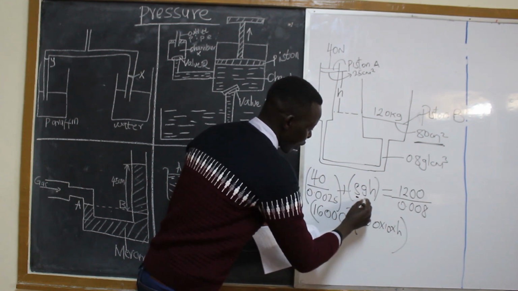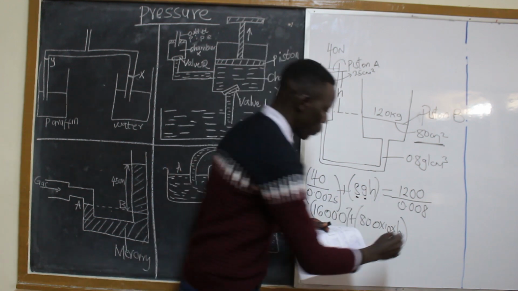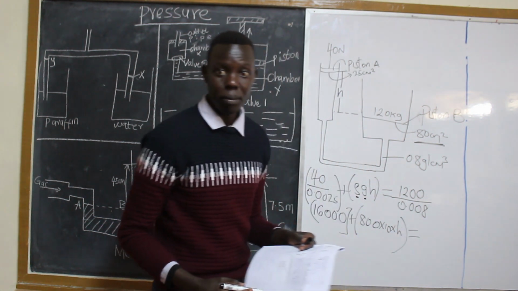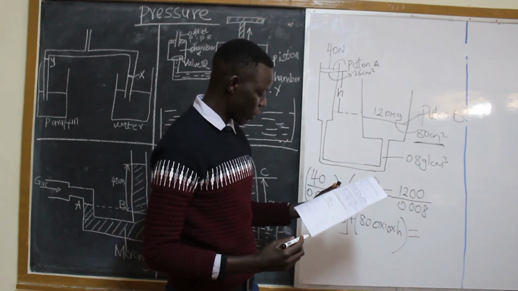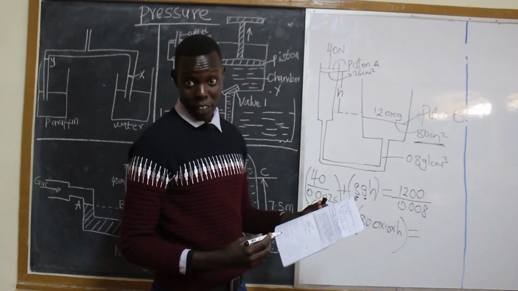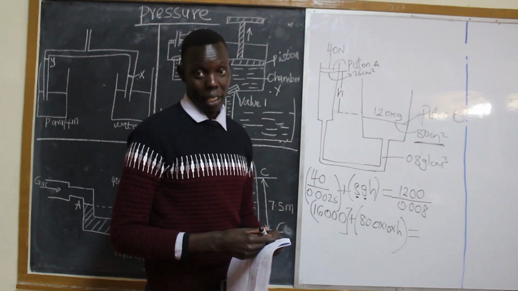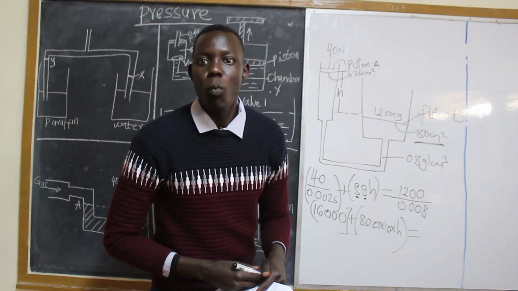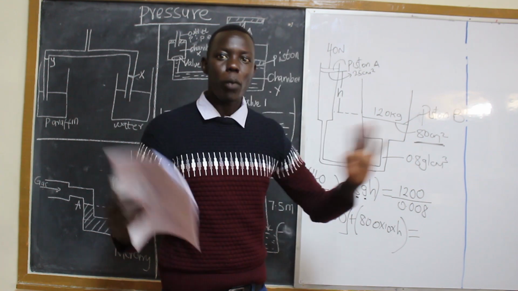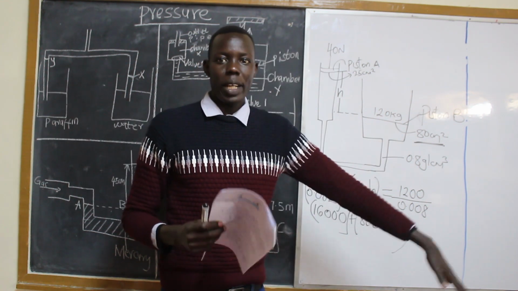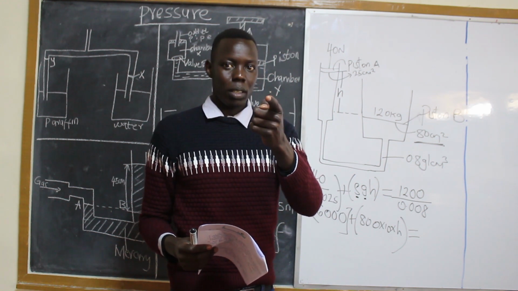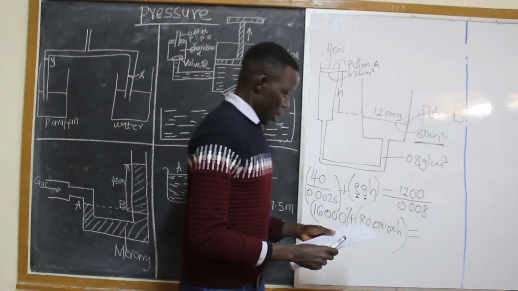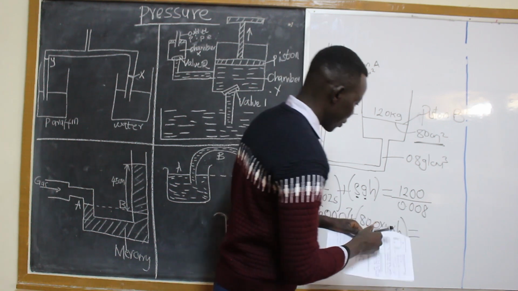Density, gravity, h, should be equal to the other one, which will give you 150,000. Because you also have a calculator, and please let me tell you this, Form 1, you are supposed to use a calculator now, no problem with that. If you are my student or in the school I am in, please come with a calculator next time. This one should be 150,000.